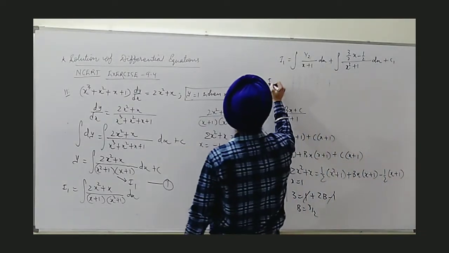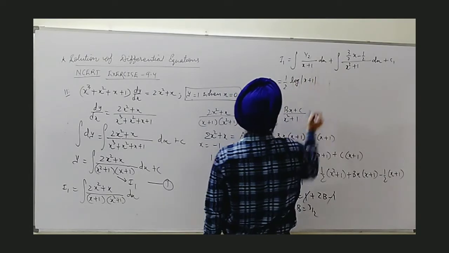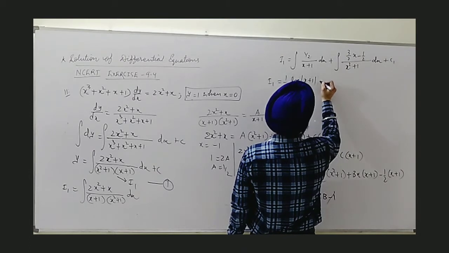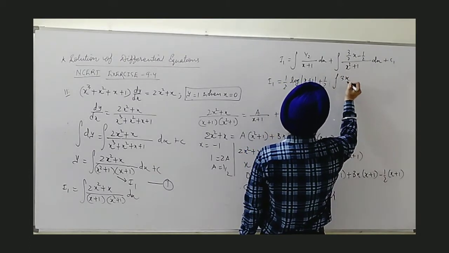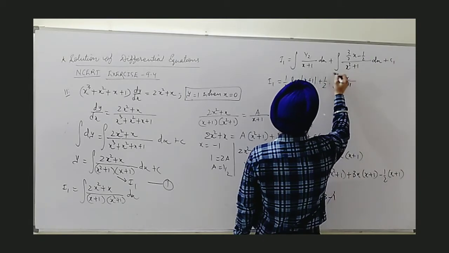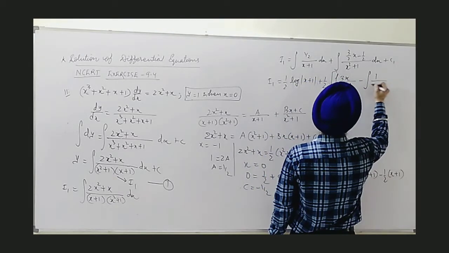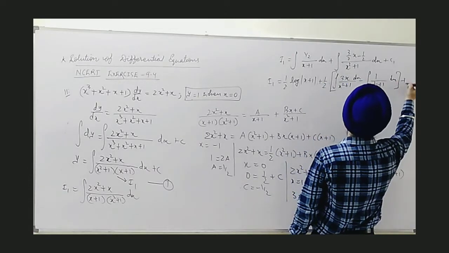That's all. I1 is half log of mod x plus 1. Here we get 1 by 2 common, x upon x square plus 1 minus 1 upon x square plus 1 dx plus c.